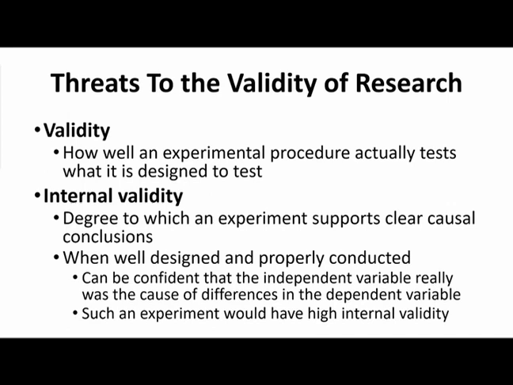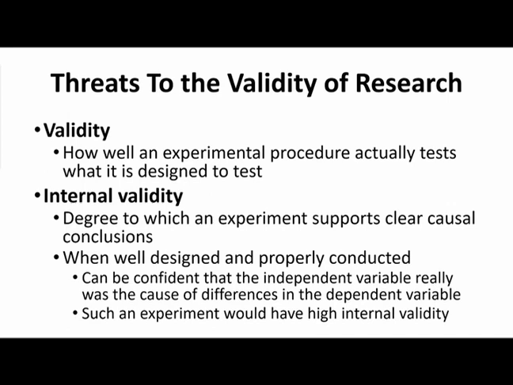Validity overall is basically saying that this was a good experiment and we set out to test thing X and we actually tested thing X. So if you're trying to look at personality and how it influences your behavior, were you actually studying personality, or maybe you were confounded and you studied mood more than personality? So if you had more of something else influencing your results, you would have lower validity.